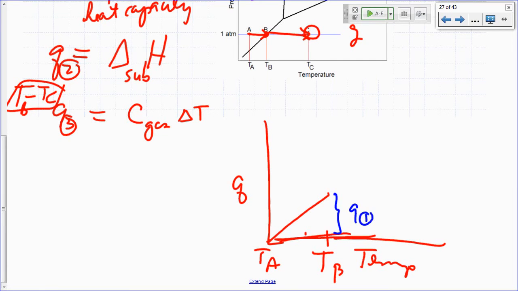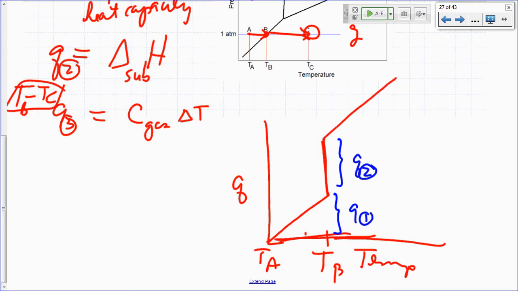What happens at temperature T sub B? It will sublime, right? While it's subliming, the temperature will remain constant. So constant temperature means you get a vertical line, right? This amount right here, Q2, is the delta H of sublimation. And what happens when the solid has been transformed into a gas completely?